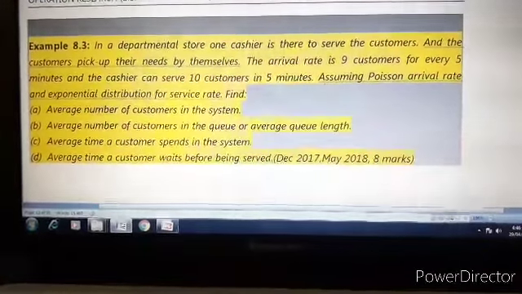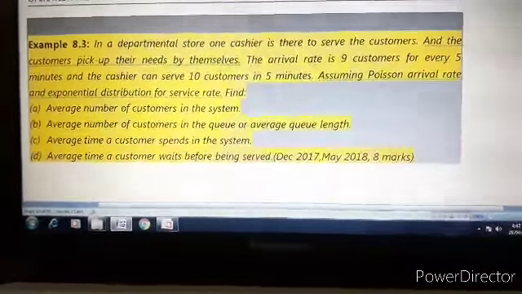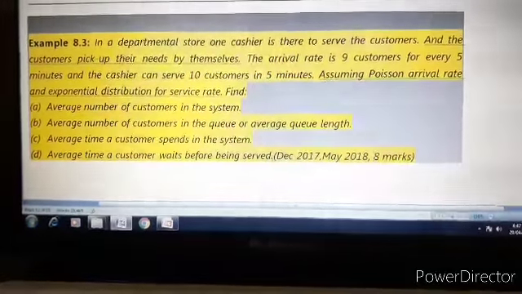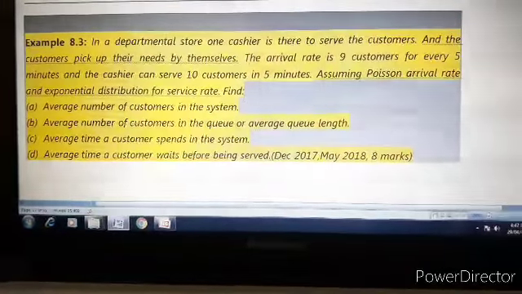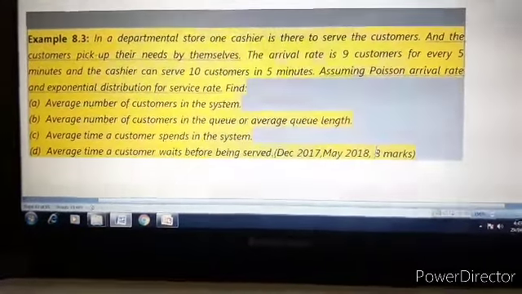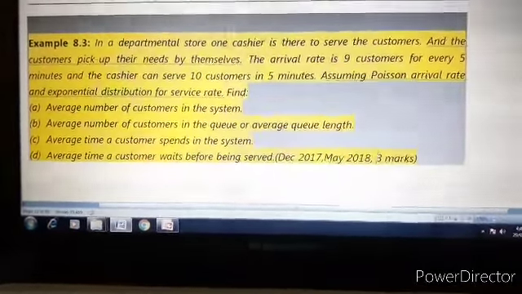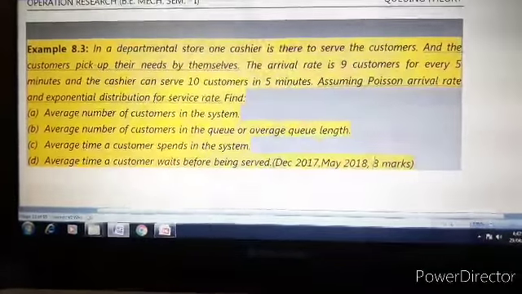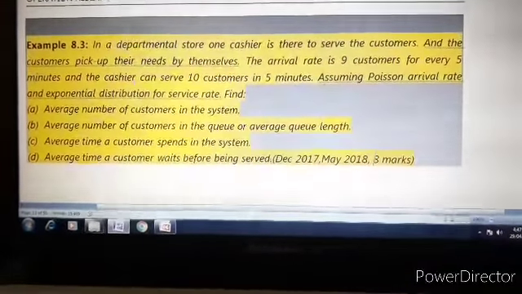That's why we refer to model 1. Also, we can accommodate infinite customers in the system, and we use a first come first service pattern for our customers. Accordingly we will proceed with the solution of this numerical.